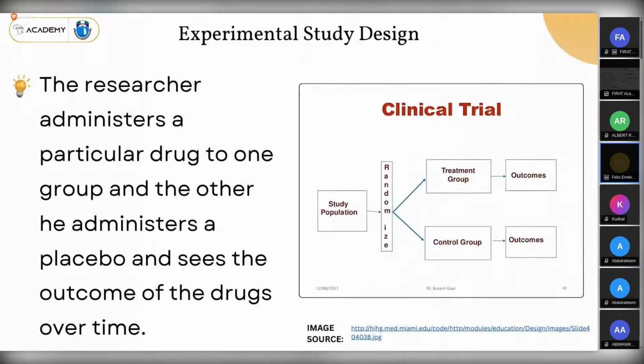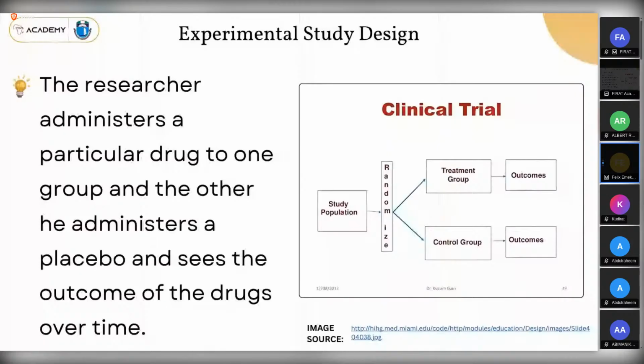Okay, but apart from the randomized control trial, which is the gold standard, you probably have heard of what they call the quasi-experimental. That's a type of experimental study design, but it's not a randomized control trial. So for quasi-experimental, you replace the medication, the trial drug, with something else that is not a trial drug.